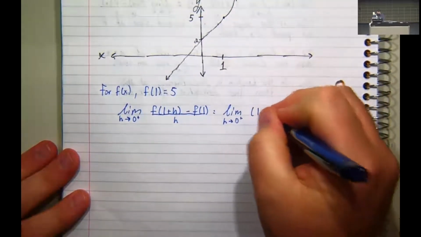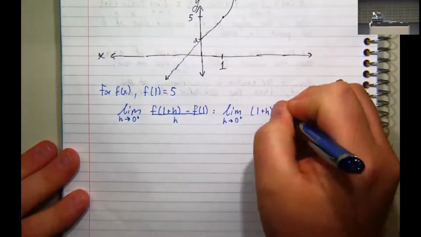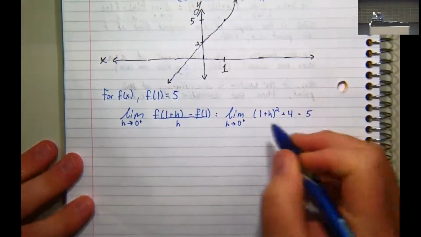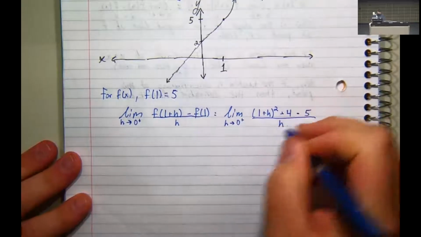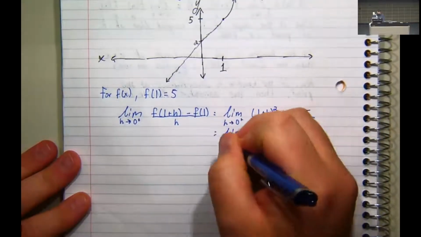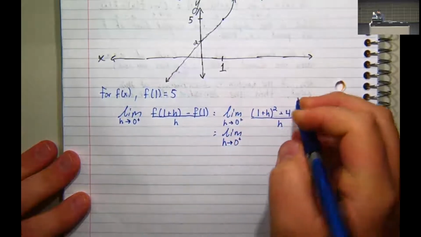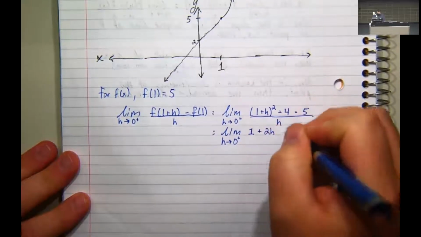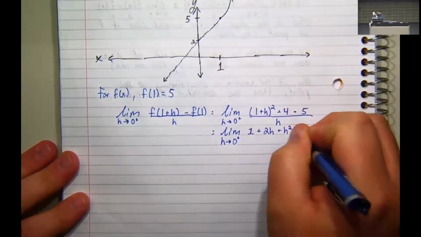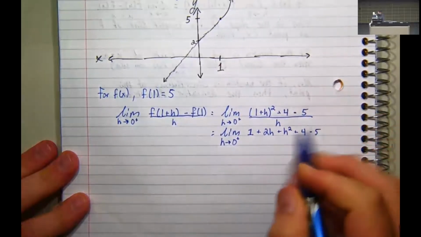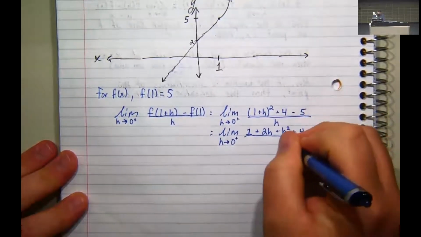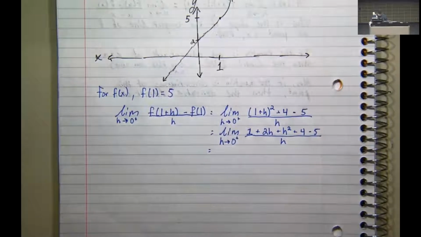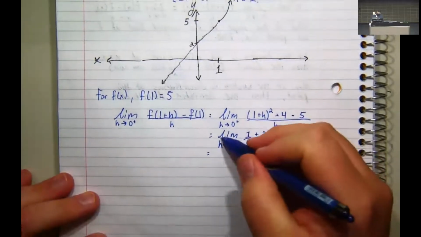So we have 1 plus h squared plus 4 minus 5 all over h equals the limit as h approaches 0 from the positive. This will be 1 squared, so that's just 1 plus 2h plus h squared plus 4 minus 5 all over h equals, actually, we can use the difference of squares. Never mind, sorry about that.